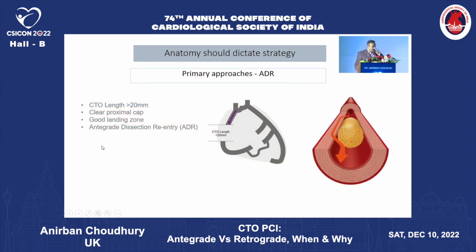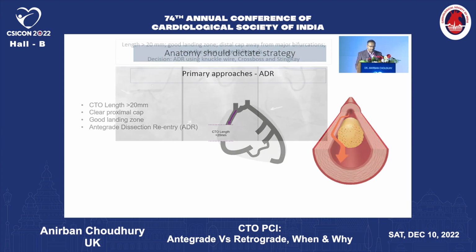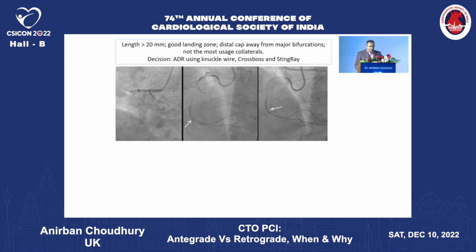A second one is a patient with a CTO length of more than 20, a clear proximal cap, and a good landing zone. ADR is an option when you're going antegradely. I don't think I need to show this, but when the Stingray and Crossboss came out, we used them in a fair amount of cases, which probably we could have done without, but it was part of the learning curve.